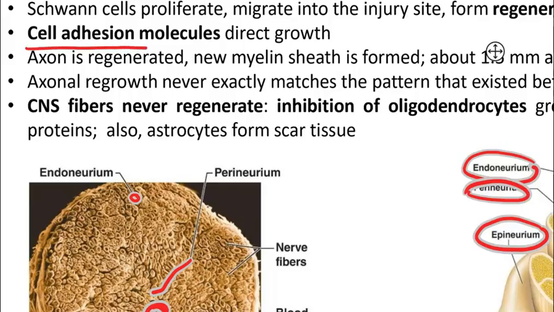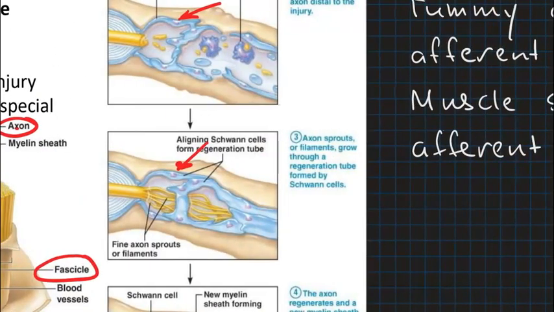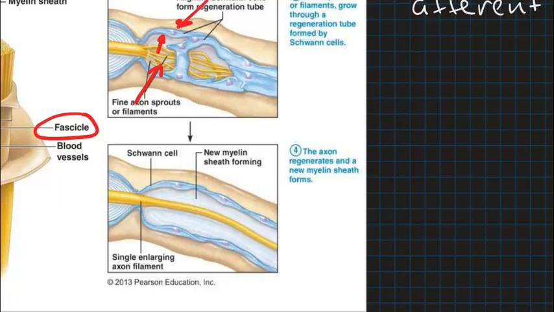Within that guiding system, on the inner surface of this regeneration tube, are so-called adhesion molecules. They're like goalposts, guiding posts, which direct the regrowth of the axon, and your axon regrows.